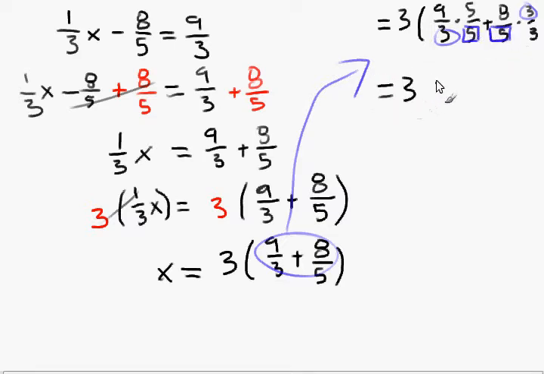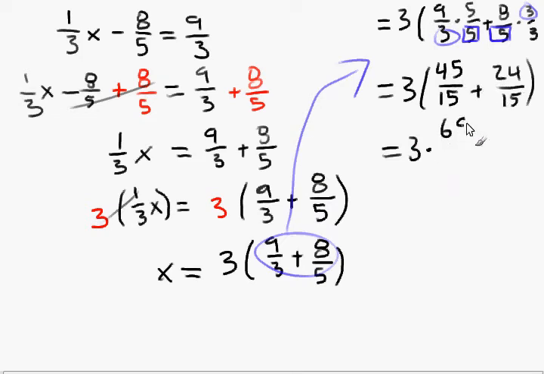So we'll have 3 times 45/15 plus 24/15. This gives us 3 times 69/15. And this will cancel to give us 69/5. And that's x.